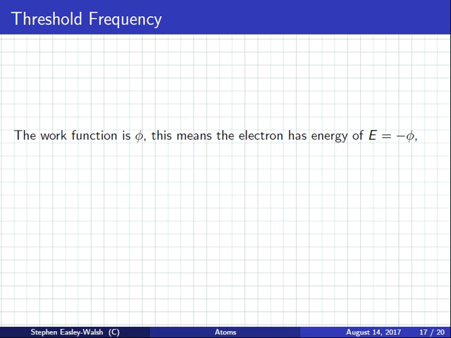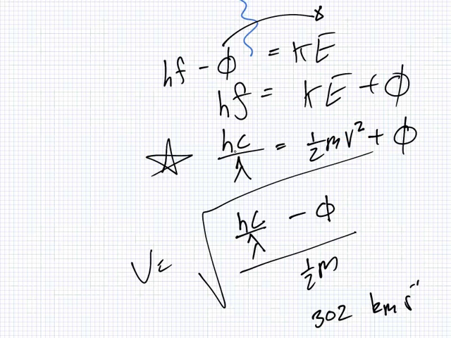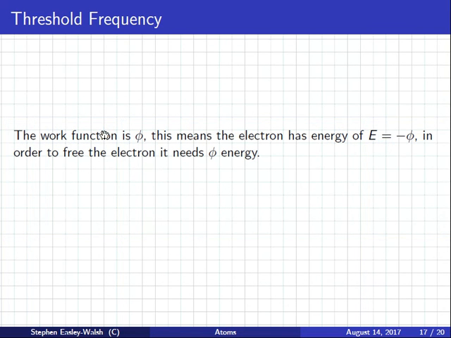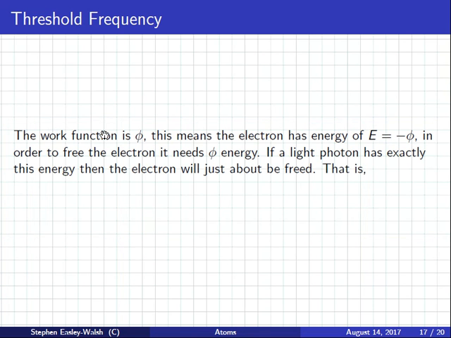This is called the threshold, the limit, the minimum energy to free it. And if you think about it, you can get it from this formula, because it just means that you don't want a kinetic energy. In other words, you want this part to be zero. So the minimum frequency you require is the work function divided by Planck's constant. If it has exactly enough energy, it'll just about be freed.